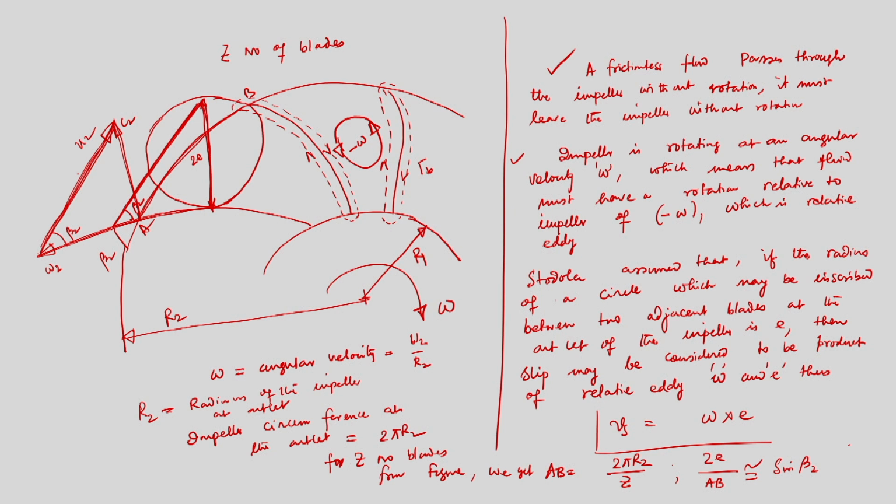We are approximating that this length is equal to the side of this triangle: if I name it EFG, then the side FG, the magnitude of this length GF, is almost equal to the length of the periphery of the impeller between two adjacent blades, that is 2 pi r2 by z.